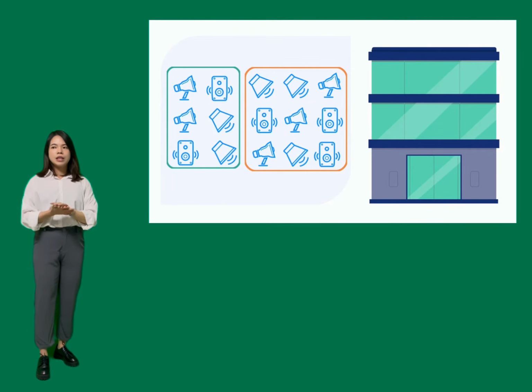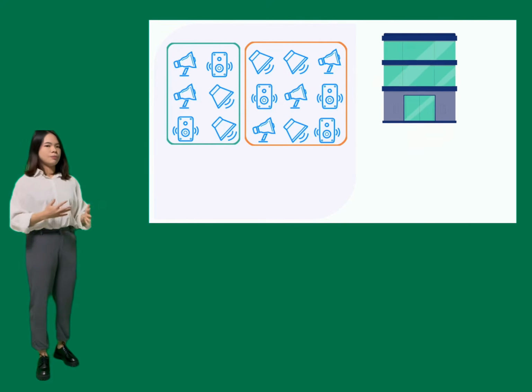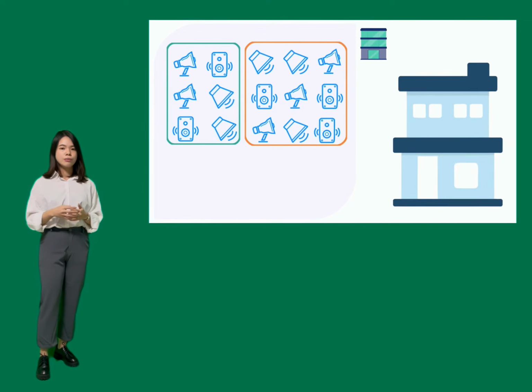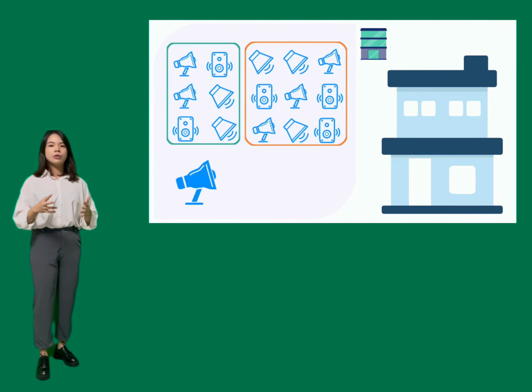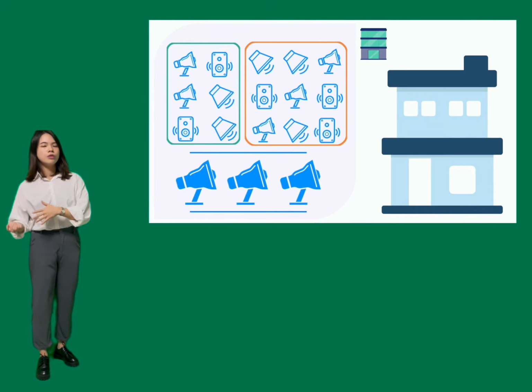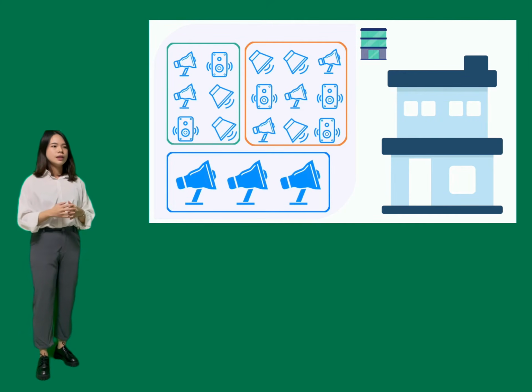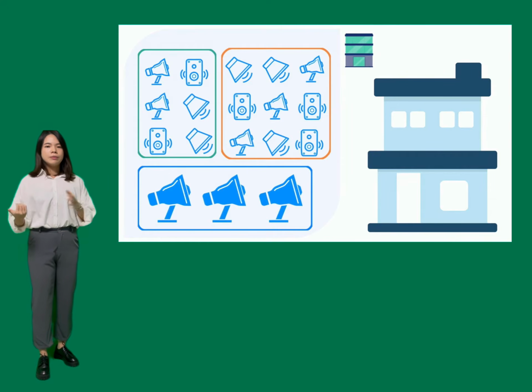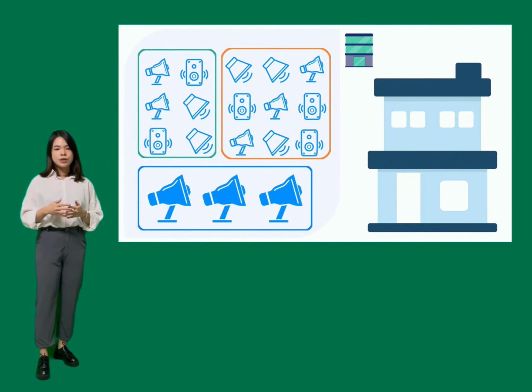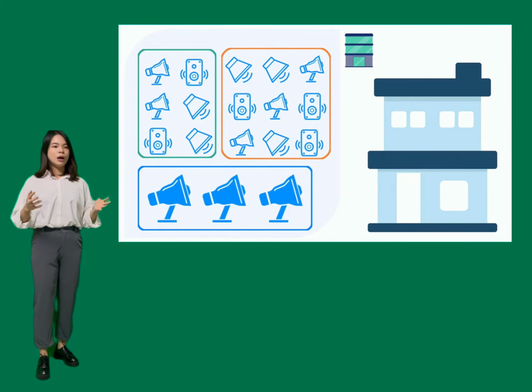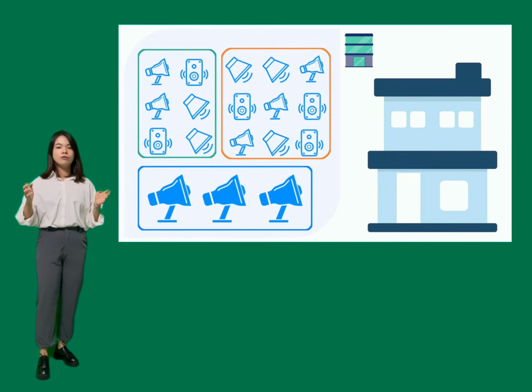Let's imagine that you have a brand new building that also requires a paging system. You can simply create a new zone or new group, put all the devices into it, and then that building can have the public address feature as well. So you can manage all the paging groups and paging zones within one server.